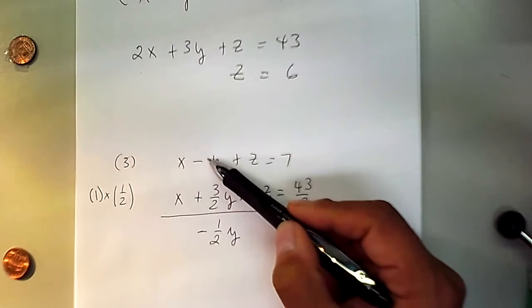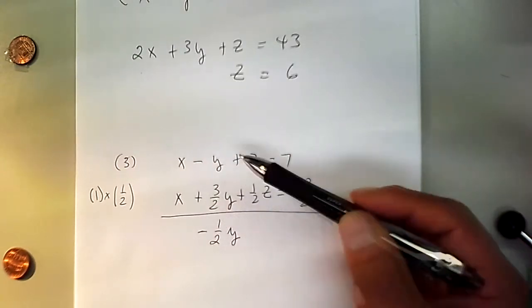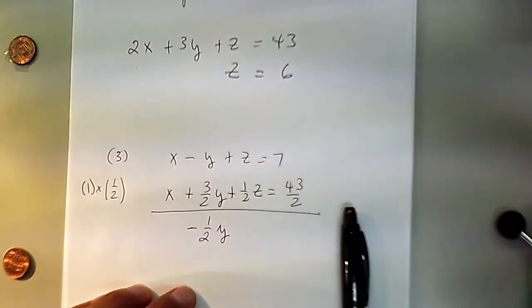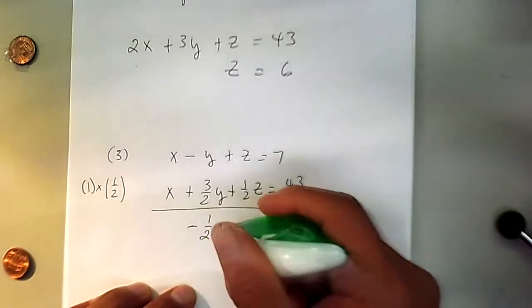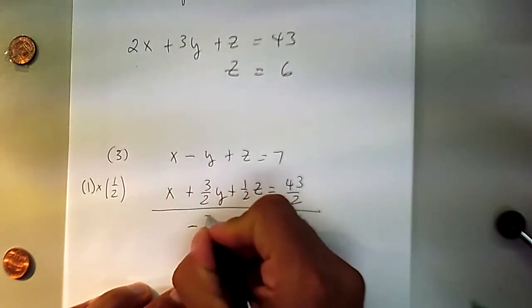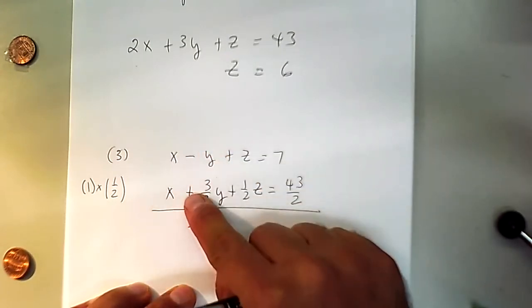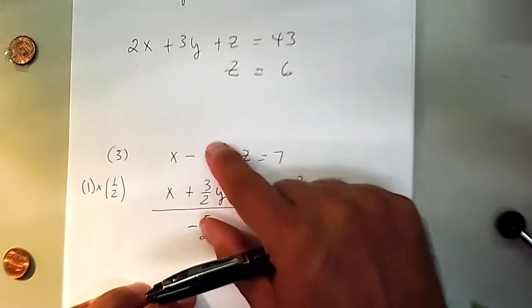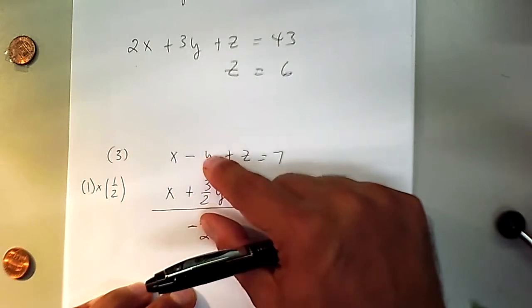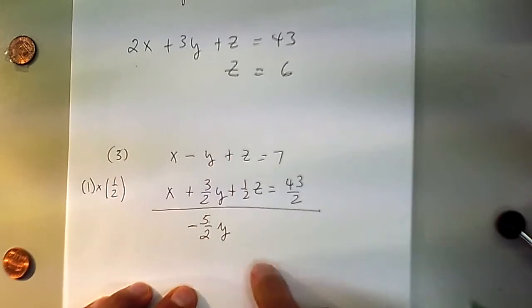This is already negative. So when we subtract, we actually end up with 5 halves, not 1 half. So this is going to be 5. Again, negative 1, and we're subtracting 3 halves. Well, negative 1 is already negative 2 halves, minus 3 halves, that is negative 5 halves.